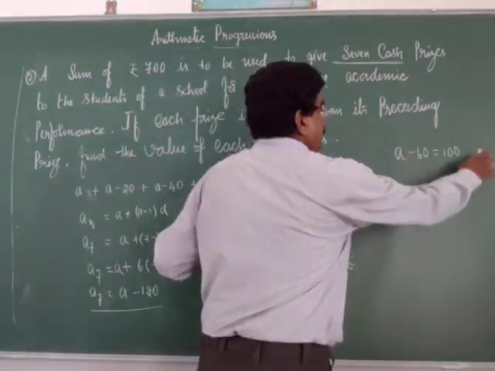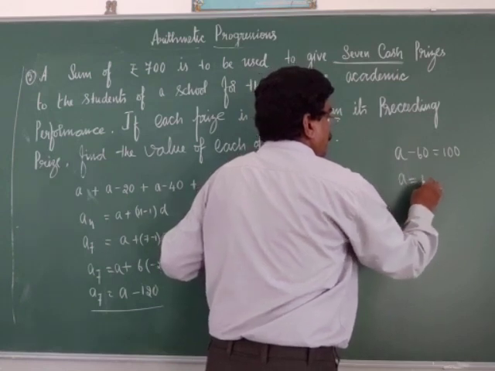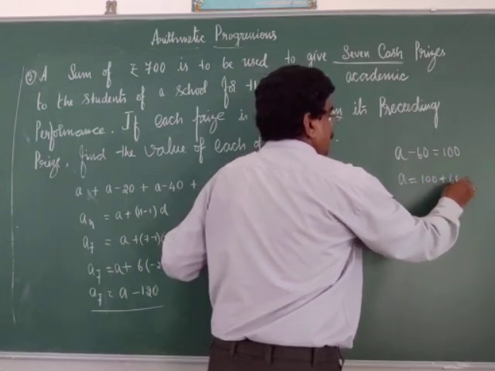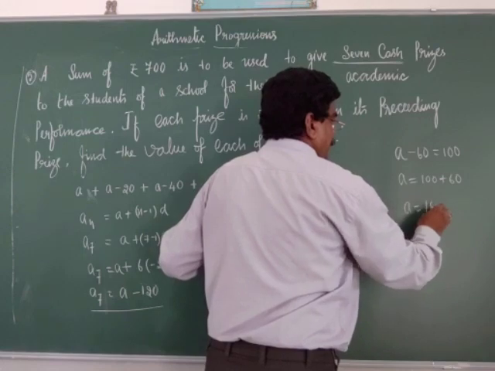Now shift this minus 60 to that side. So A is equal to 100 plus 60, which is nothing but 160.